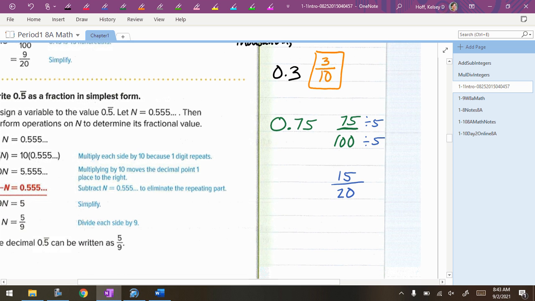Sam already said, Miss Hoff, you can simplify this again. Sam, what number you want to divide out? Just another 5, he says. 15 divided by 5 is 3. 20 divided by 5 is 4. Can I go more than that? Done. 3/4.